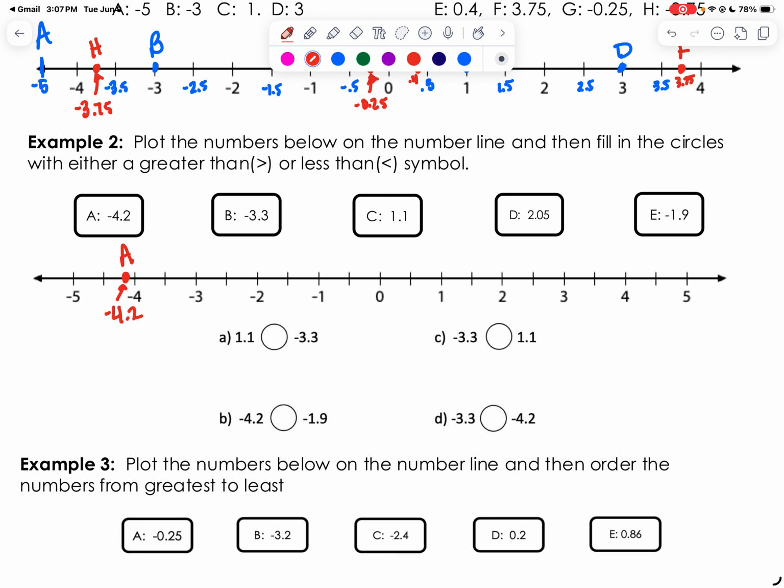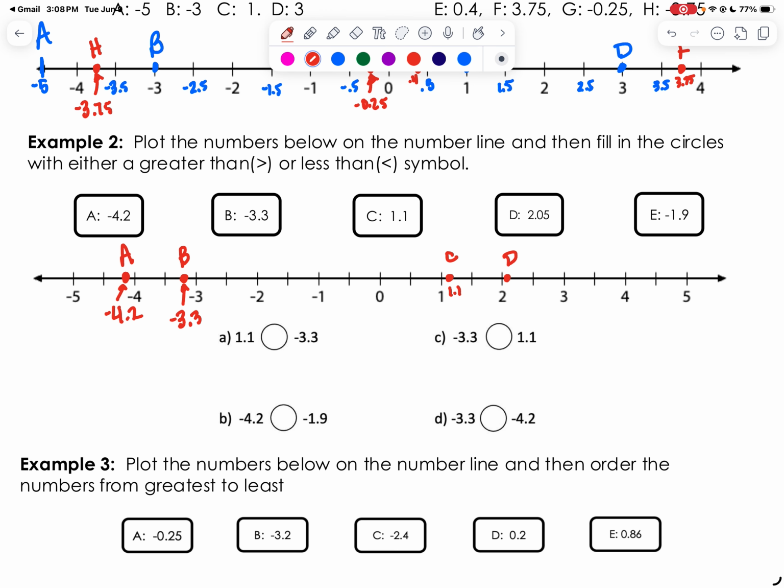All right, B, -3.3. So go to the -3 and a little bit to the left. That would be -3.3. All right, 1.1. So go to the 1 and then a little bit over. So that would be point C, 1.1. 2.05 or 2 and 5/100ths, that would be just barely past the 2.